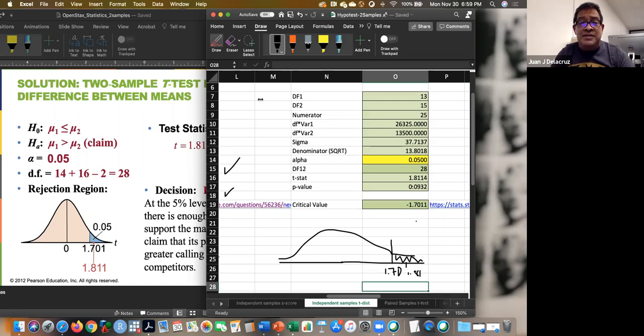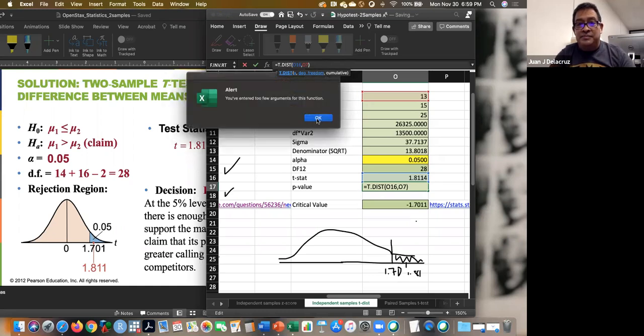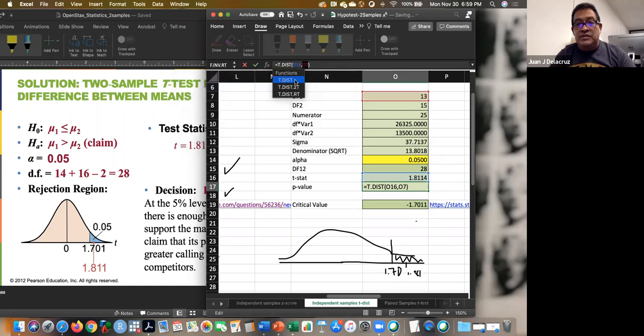Let me see what happens with this. Am I doing the right thing? Oh, I see. So this is two tests, sorry. This is a right tail test. I apologize, I made the wrong... T distribution, we have the 0.16 and the degrees of freedom is 0.7.